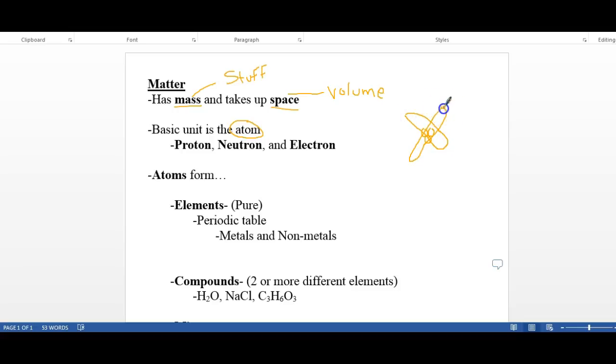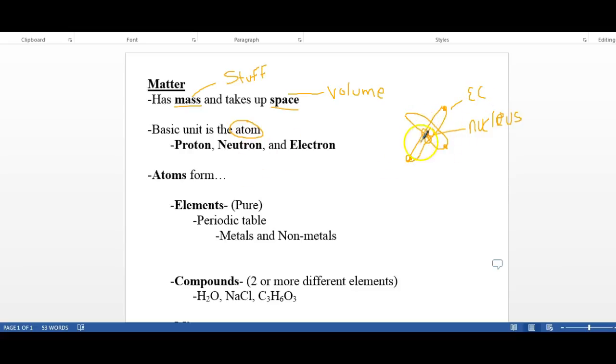And then you have these electrons here, and you have this middle part, that's the nucleus. And then this would be your electron cloud, EC, and that's kind of what an atom is.